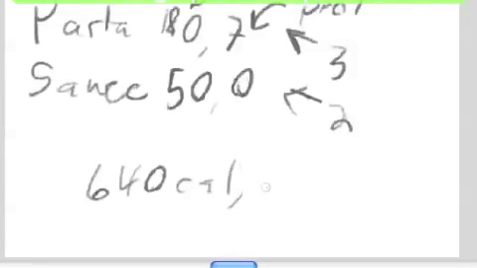And with the protein, 7 grams of protein per serving of pasta in 3 servings, so that's 7, 14, 21 grams of protein from pasta, plus 0 grams from sauce.